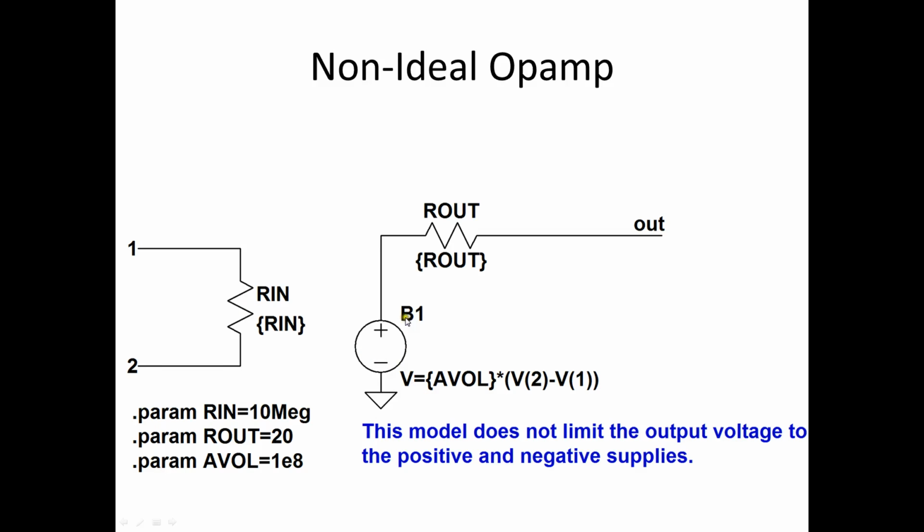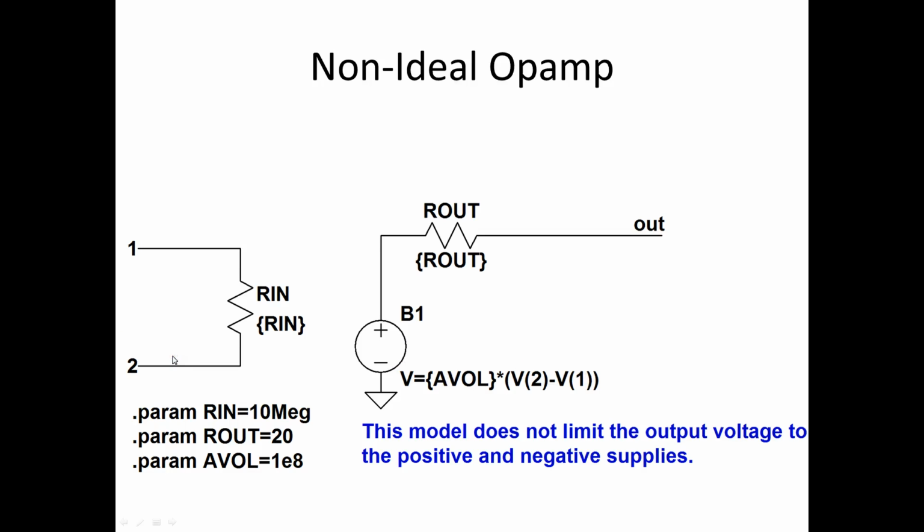And this is a behavioral voltage source, and the voltage equals the open loop gain, which these curly brackets mean it's a variable, and over here it's 1e8, times the voltage at node 2 minus the voltage at node 1. So far we've been doing voltage controlled current sources.